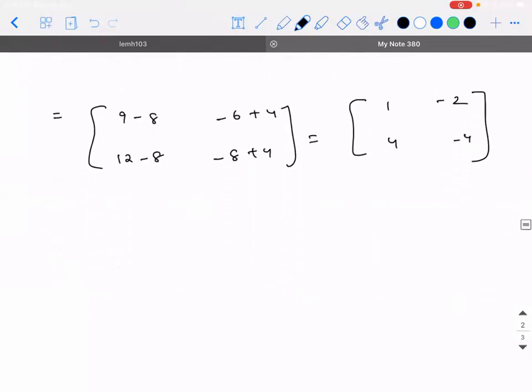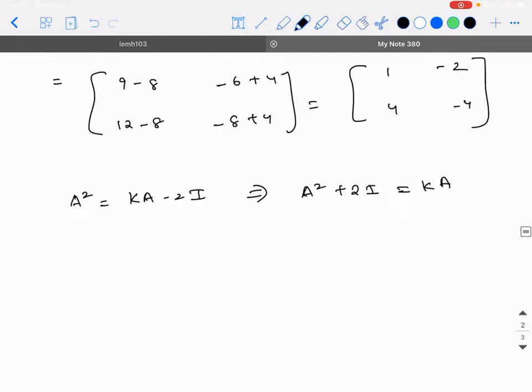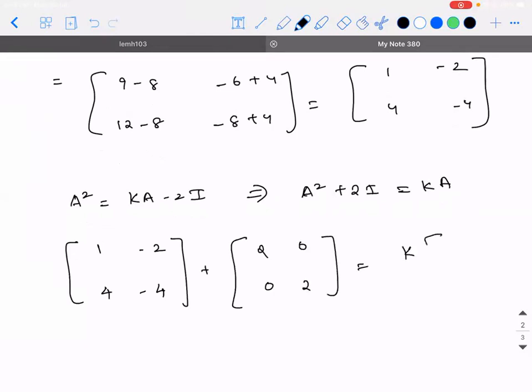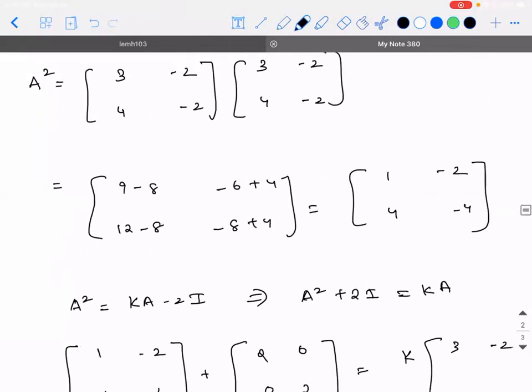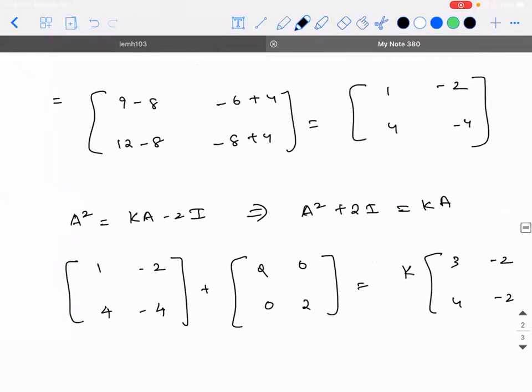So can I write, when A square is equal to K times A minus 2I, can I write A square plus 2I is equal to K times A? So A square is 1 minus 2, 4 minus 4 plus 2I will be 2002 is equal to K times, what is the value of A? 3 minus 2, 4 minus 2.